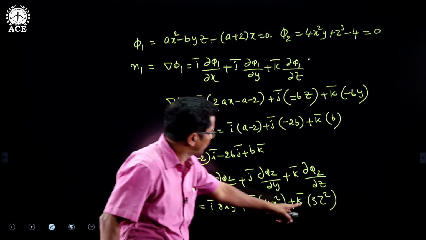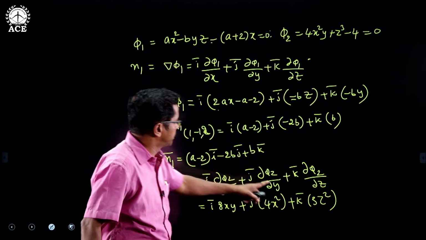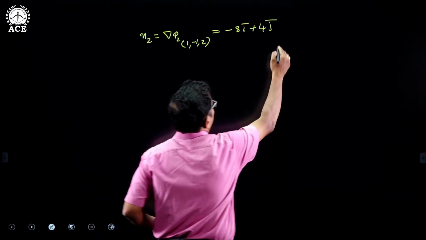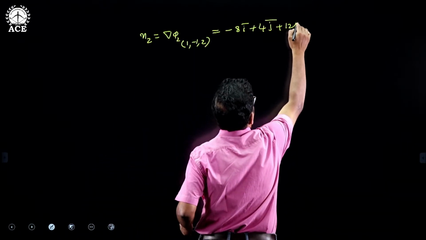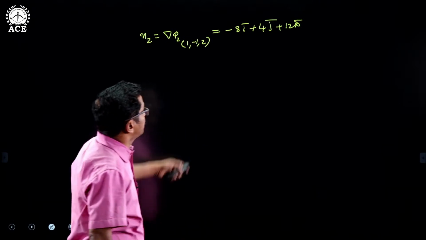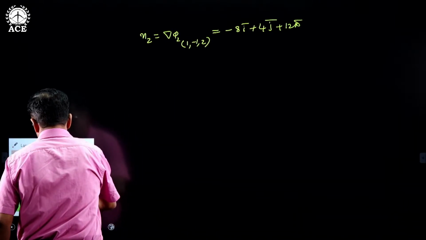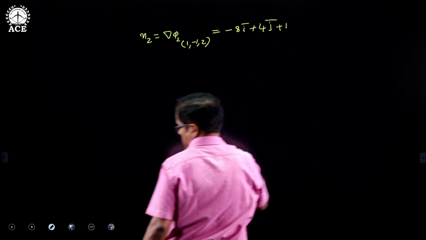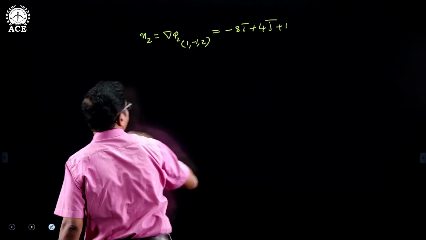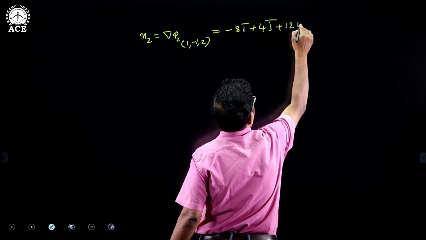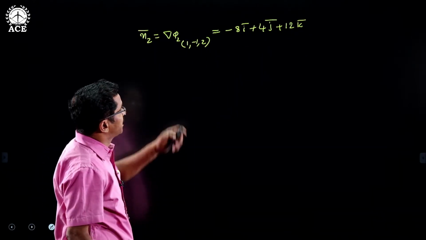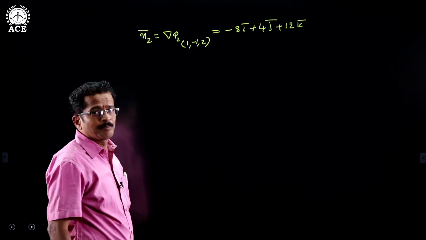Next 3z square, where z is 2, z square is 4, 4 into 3, 12 k bar, plus 12 k bar. So n2 bar equals minus 8 i bar plus 4 j bar plus 12 k bar.